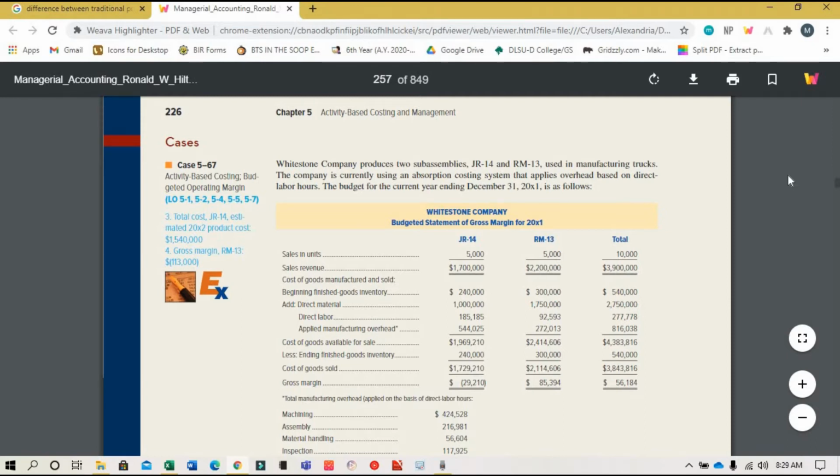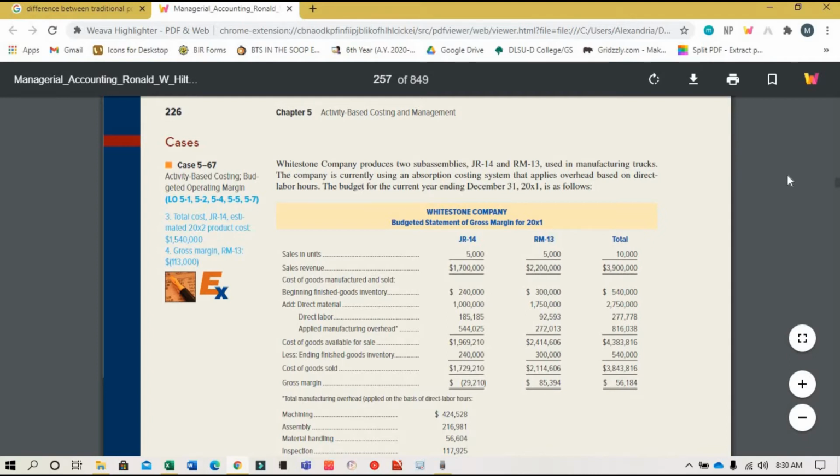And its cost of goods available for sale is 1,969,210. Its ending finished goods inventory is 240,000 and its cost of goods sold is 1,729,210 and its gross margin is negative 29,210. The applied manufacturing overhead corresponds to the total manufacturing overhead applied on the basis of direct labor hours.